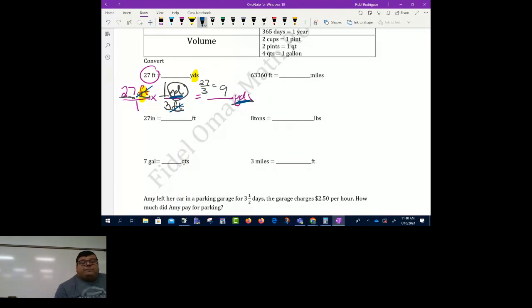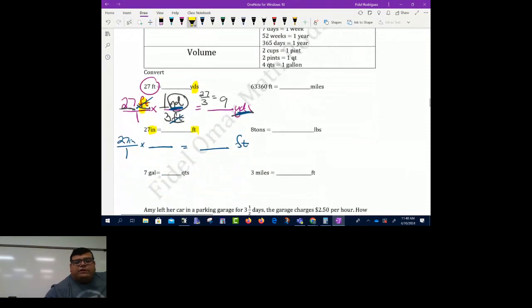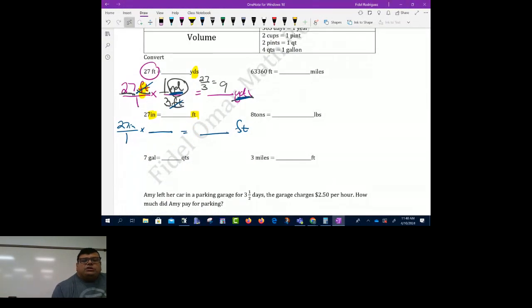Let's do the same thing for this next one here. 27 inches, I'm going to write it over 1 times some fraction, which is going to be equal to my answer in feet. So I want to find a relationship, inches to feet. Right here, 12 inches is 1 foot. I want you to notice something. We want to end up with feet, so I'm going to put 1 foot here, 12 inches there.